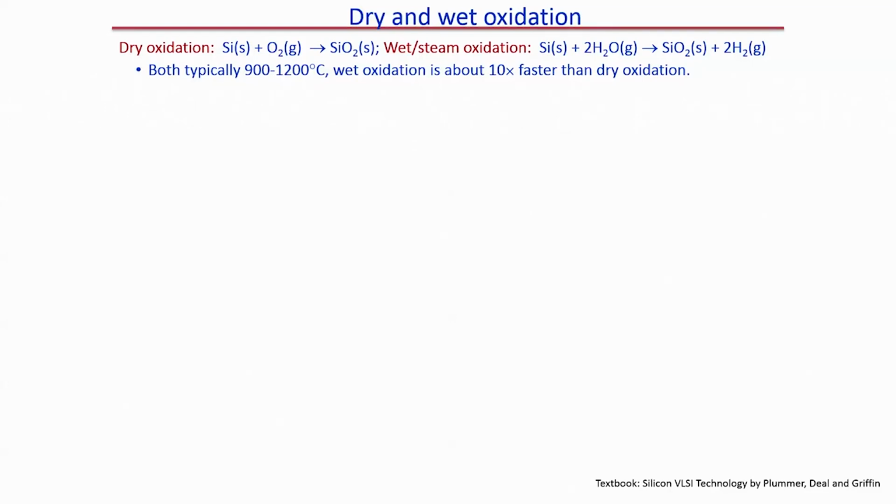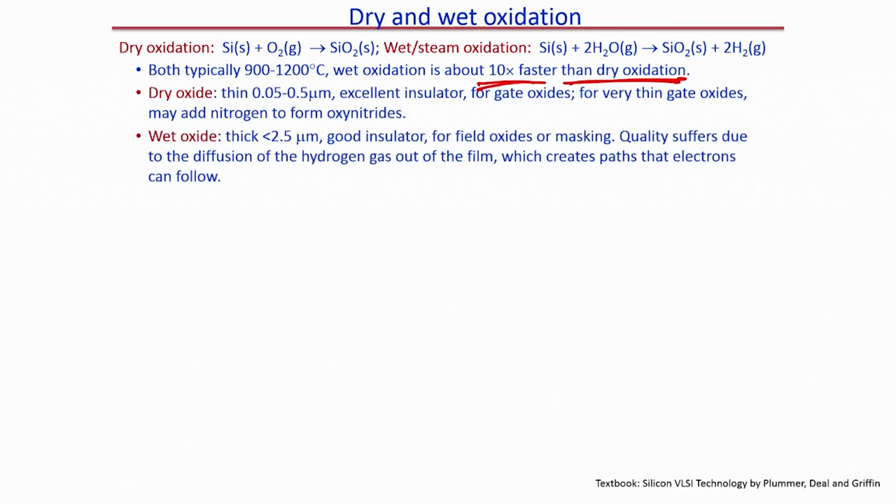Another important point is wet oxidation is about 10 times faster than dry oxidation. Very important to understand. Now, dry oxidation forms a thin film of oxide from 0.05 to 0.5 micron, and the silicon dioxide grown using dry oxidation is an excellent insulator for gate oxides, and for very thin gate oxides we may need nitrogen to form oxynitrides.